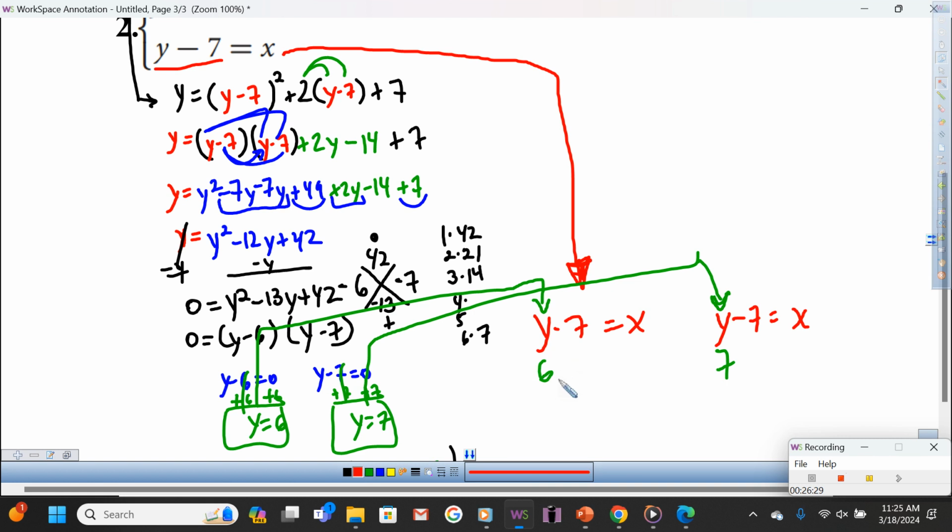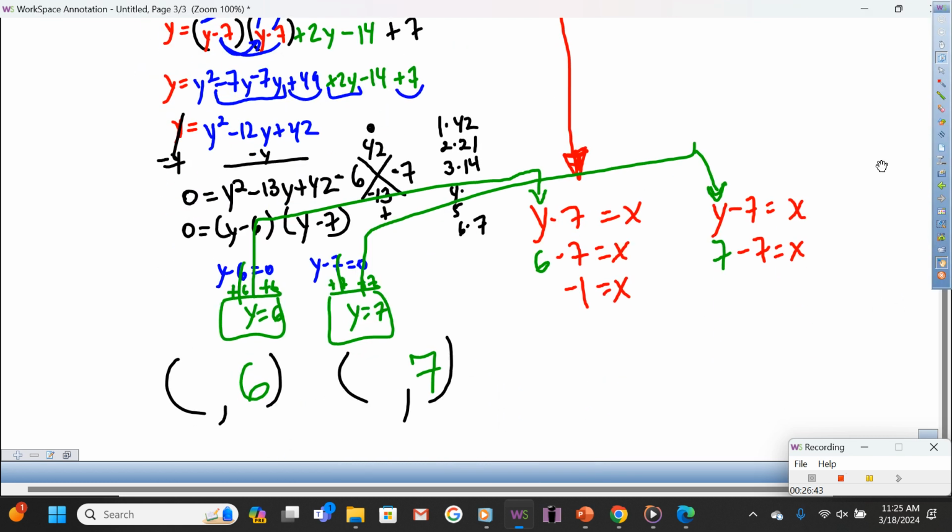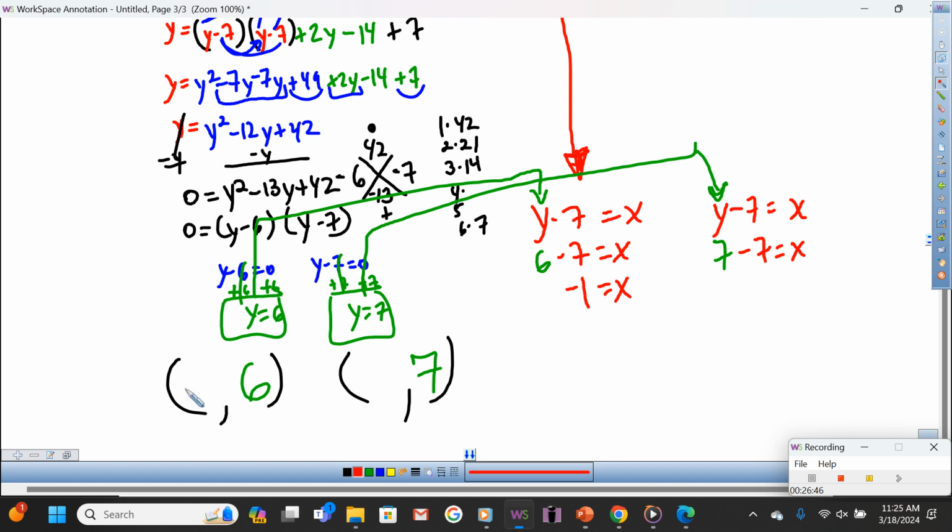So, bring everything else down. Minus 7 equals x. Minus 7 equals x. And we solve. So, what is 6 minus 7? Negative 1 equals x. So that goes right here. Negative 1. And this one, what is 7 minus 7? 0. And that goes right here.